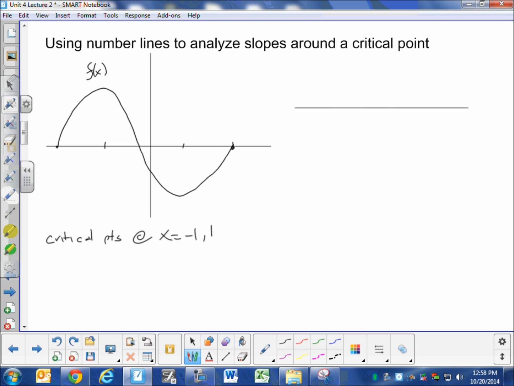What we will do on the number line is plot those critical points, and we will analyze the signs of f prime. We said that from the left of -1, all of these tangent slopes were positive.